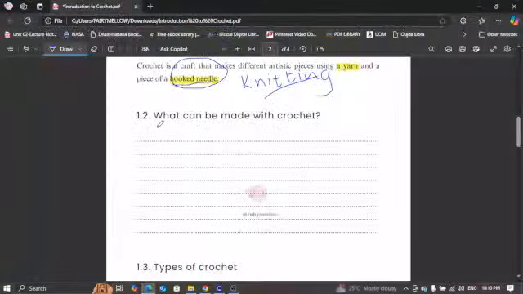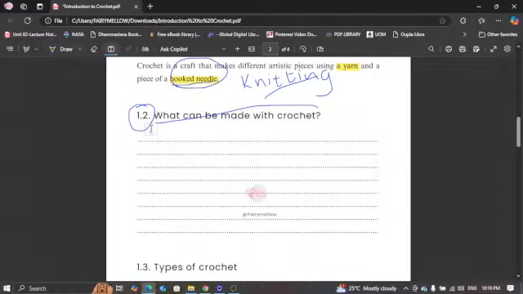Okay, here under the second subtopic, you can write down a few things that can be made with crochet. Let's write down. Please write down a few things that you can make with crochet. I think you can see my screen.